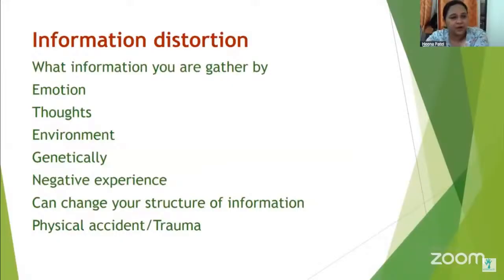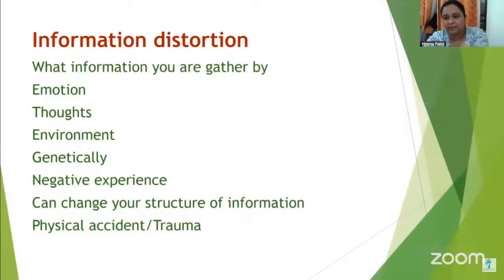But how does this information get distorted? The information you gather is distorted by your emotions, thoughts, incidents in the environment, and genetically negative self-experiences, which can change the structure of all these forces. Physical accidents and trauma also have the capacity to change this information.